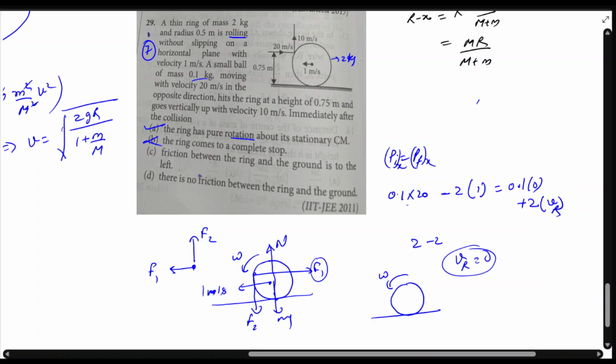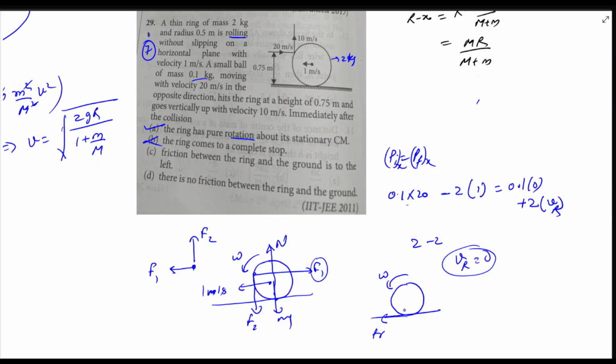Next, the friction between the ring and the ground is to the left. So what happens? Look, this is rotating. So friction must be acting in backward direction to make it stop, right? And it's asking immediately after the collision.